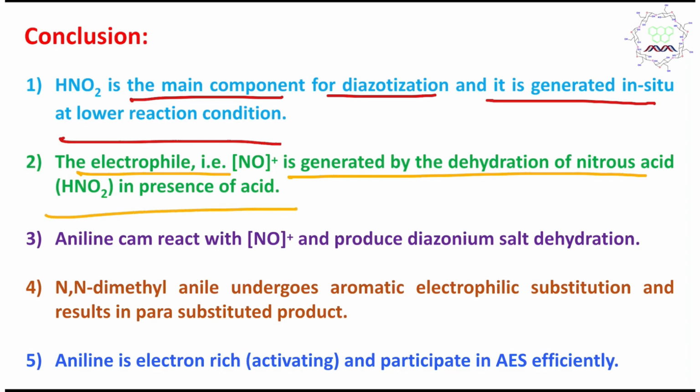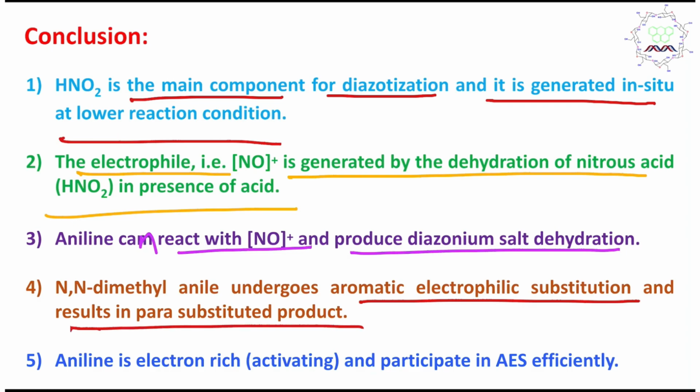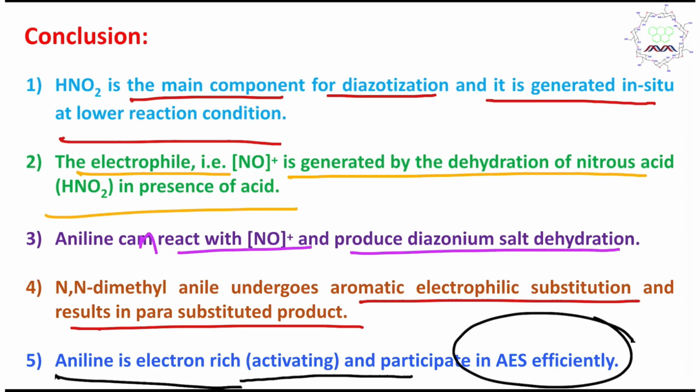Aniline can react with this NO+ and, by dehydration, produce the diazonium cation. And N,N-dimethyl aniline undergoes aromatic electrophilic substitution, and it results in the para substituted product, because the para position faces the +R effect only. Overall, aniline and its derivatives are electron rich, and that's why they are activating for aromatic electrophilic substitution, and they undergo the reaction very efficiently.